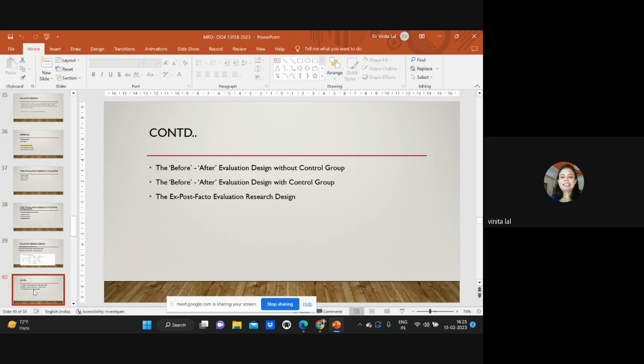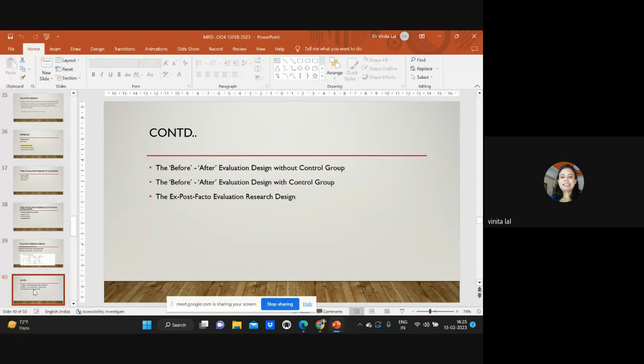Now come to the next type, the before-after evaluation design without a control group. In this study, the measurements are limited to the target group and taken only once at some point of time after the completion of project activities.